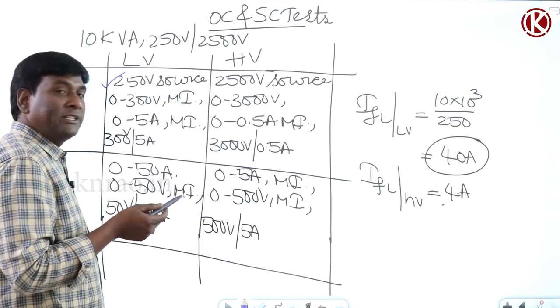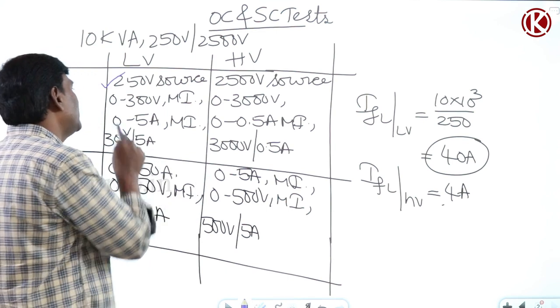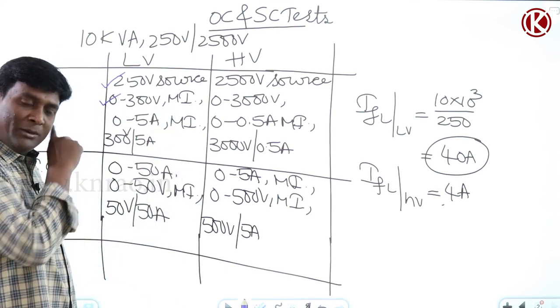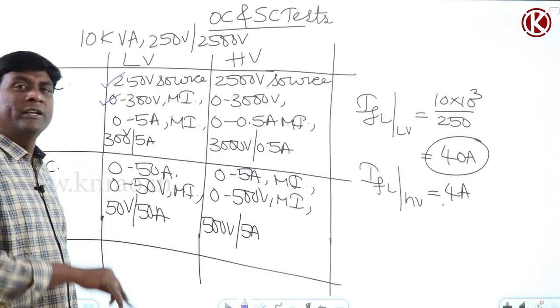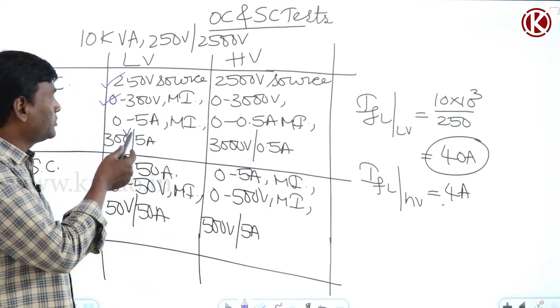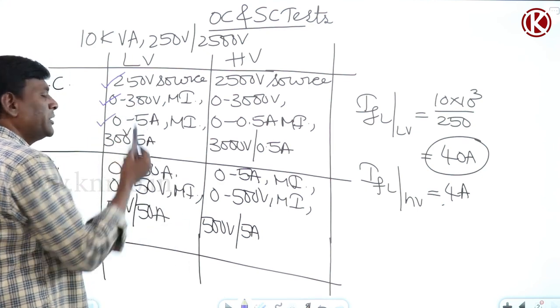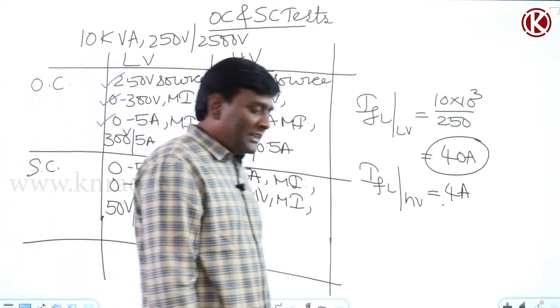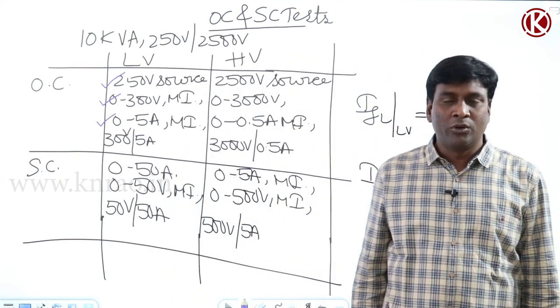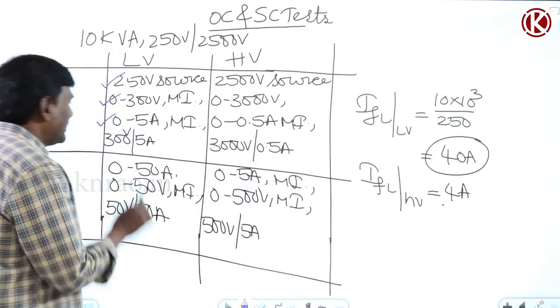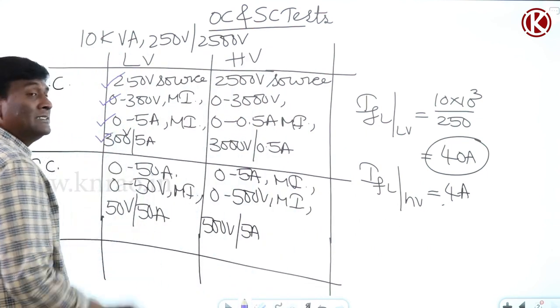Now the moment it is 230, in order to measure it, each and every laboratory, not only an engineering college laboratory or polytechnic college laboratory, even an ITI college laboratory will have this 0 to 300 volts. And 0 to 5 amperes is going to be a very normal current. If I have 10 fluorescent lamps, roughly the current will be 5 amperes. Now normal voltage, normal current, is easily available.